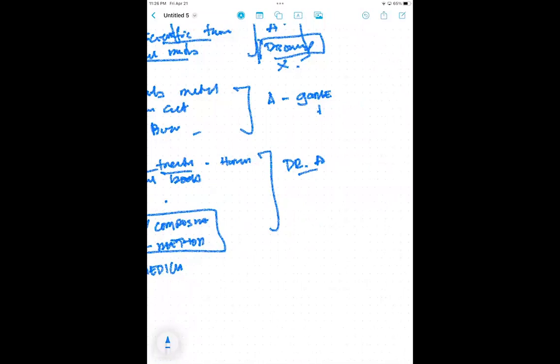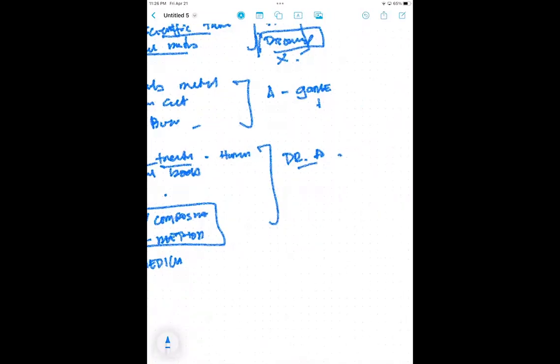At tumakbo ka ng 30 minutes every day, assuming wala pang gumagawa ng gano'n, assuming that is a new prescription, okay? So let's say, for example, sabi ni Dr. A, dapat yung pagkain mo laging may cinnamon. Hindi cinnamon, cinnamon lagi. Okay?